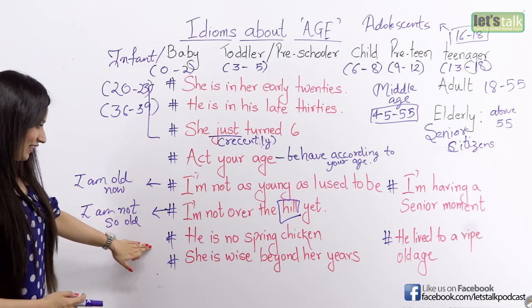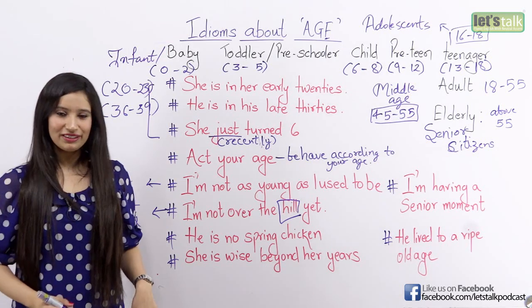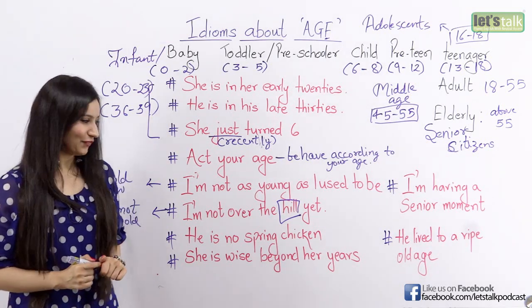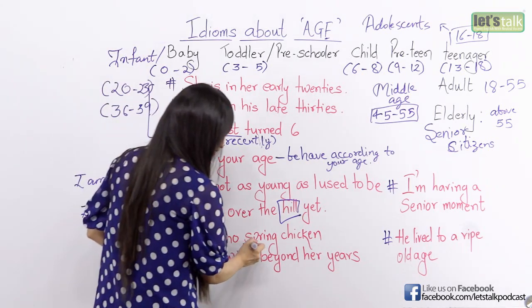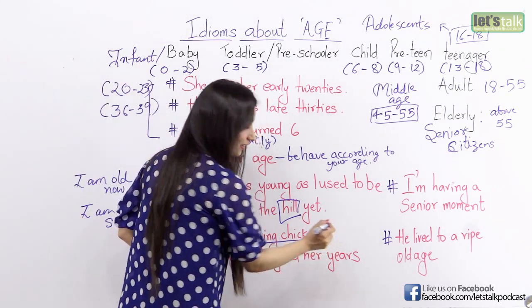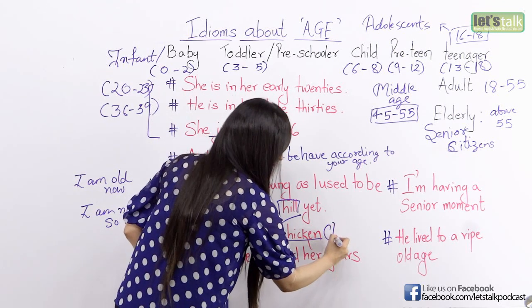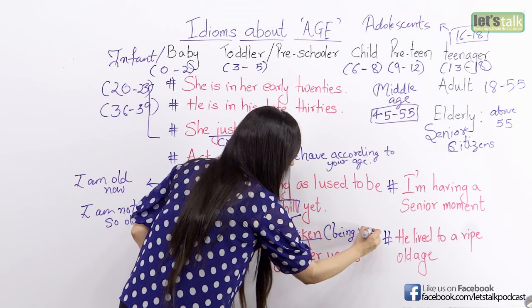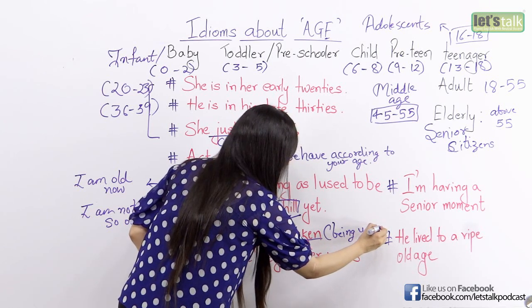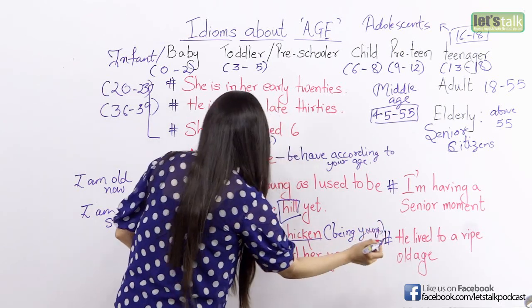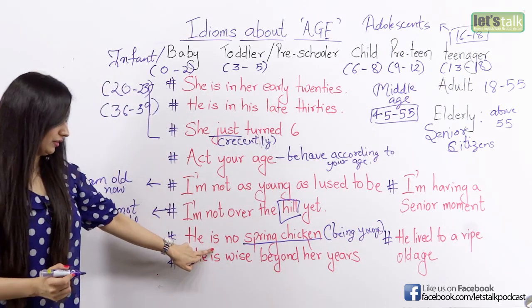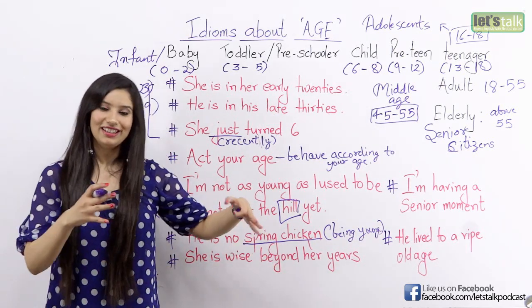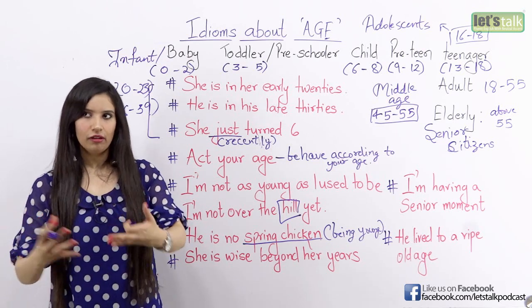The fourth phrase here, he's no spring chicken. Spring chicken here refers to being young. He's no spring chicken. That means that he's not so young.